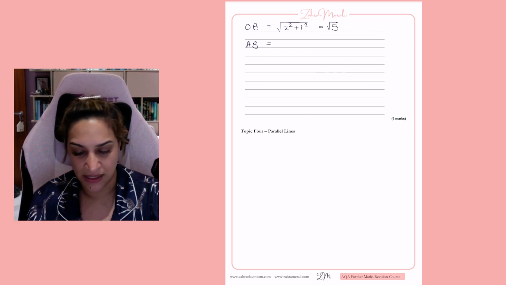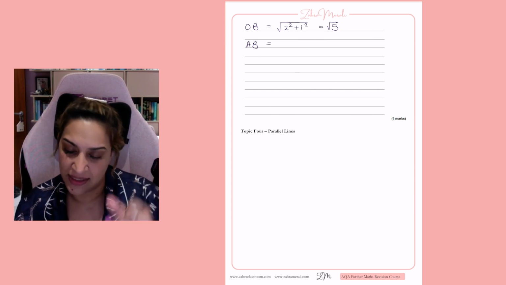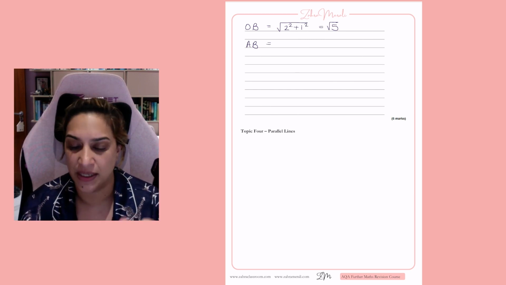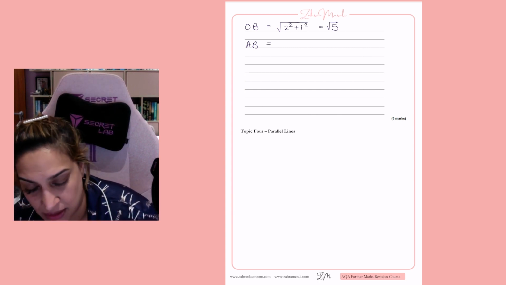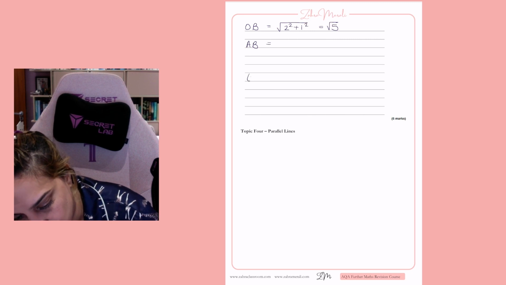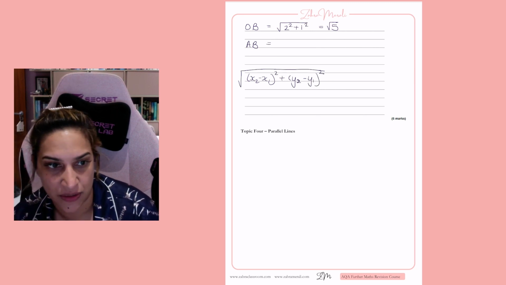A to B is going to be your change in the x's squared plus the change in y squared. So let's think about a generalized difference between 2 points. It's always going to be x2 minus x1 squared, plus y2 minus y1 squared, and the whole thing square rooted.